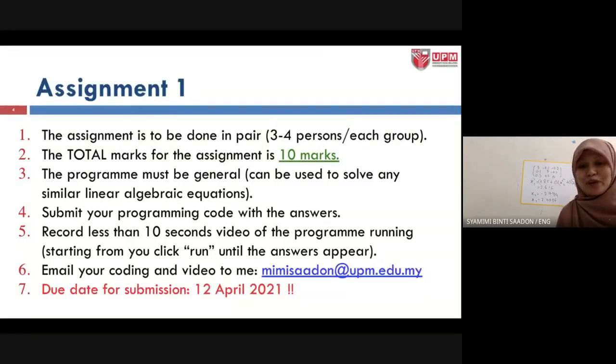If you submit late, maybe around 12 hours, like 12:01 in the morning or 1 a.m., I will still accept it. But if you submit a few days later, maybe I will accept, but I will cut marks.